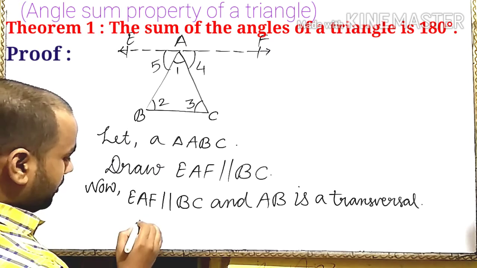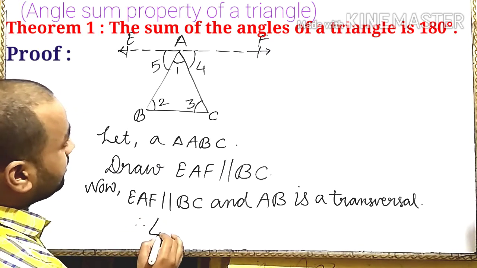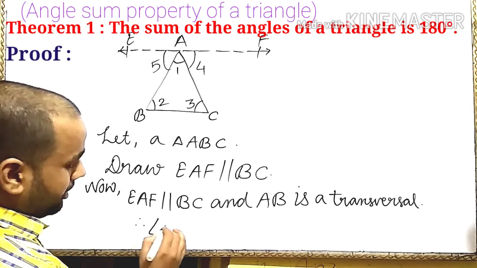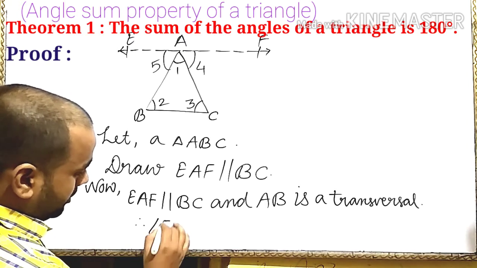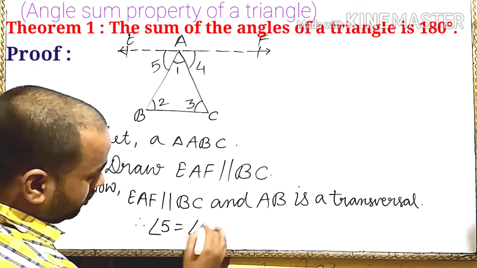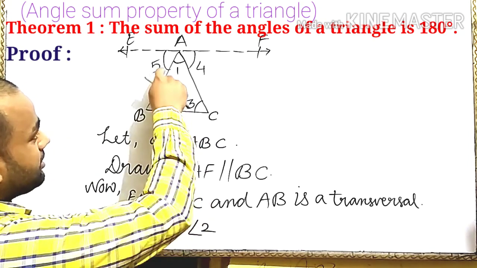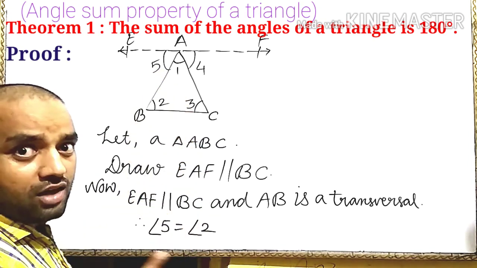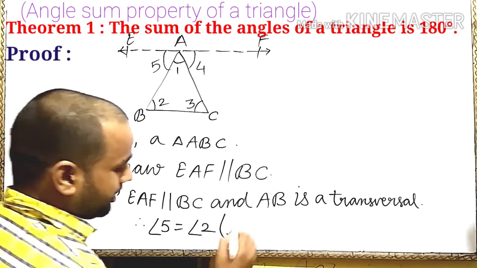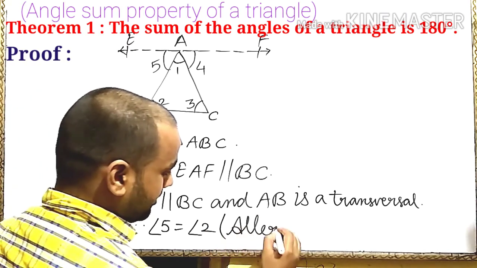So therefore we write angle 5 is equal to angle 2 because these are a pair of alternate angles. So here write alternate angles.